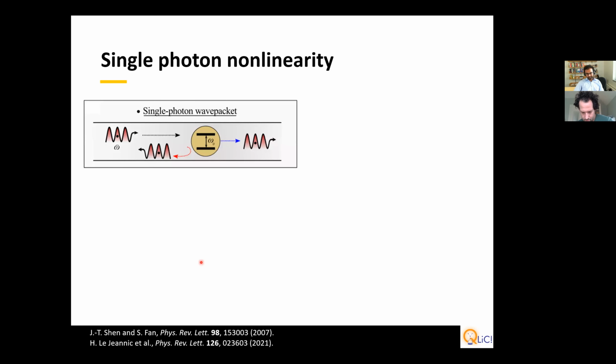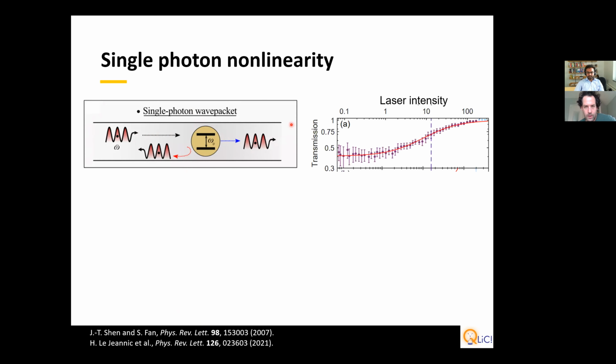For instance, if we were to take this single emitter, a single two-level emitter in a waveguide, and shine photons into this waveguide, so there's this light which is propagating from left to the right, then depending on whether we are shining a lot of intensity or down to the single photon level, the transmission of the light through this waveguide is affected.